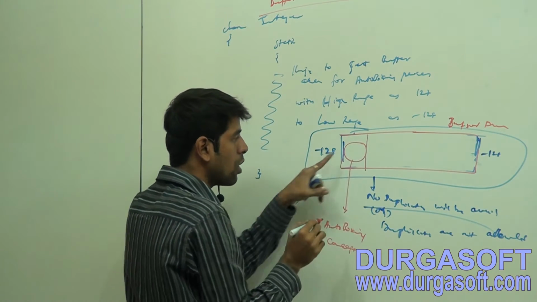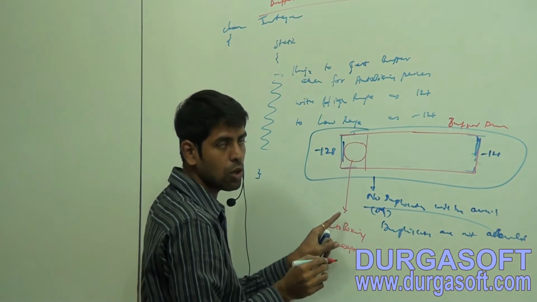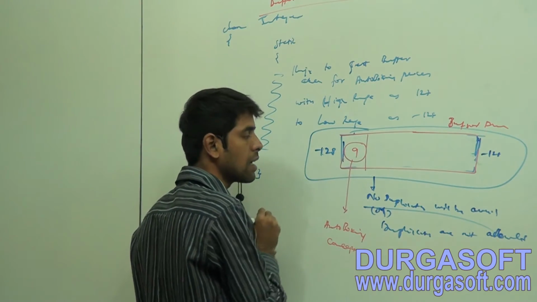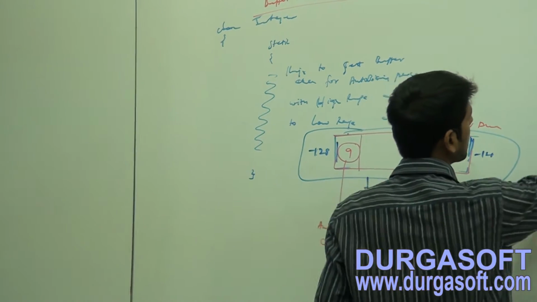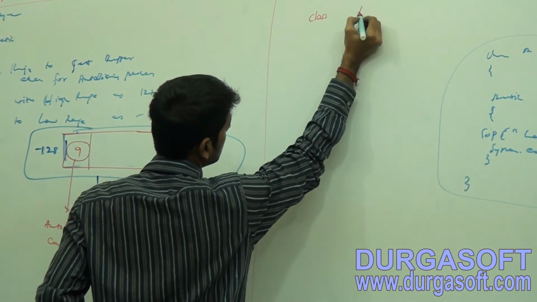Now let it be, how do we create this object by using auto boxing with data as 9? How to create it, friends? Let it be class A.